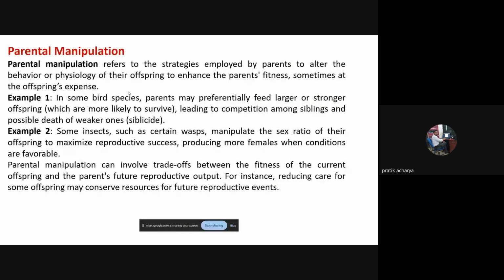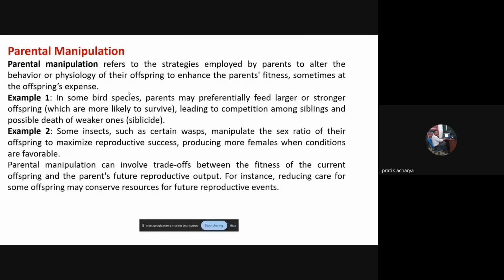Here, an important term is parental manipulation. What is parental manipulation? It refers to the strategies employed by parents to alter the behavior or physiology of their offspring to enhance their own fitness. In the first example, in some bird species, parents may preferentially feed larger or stronger offspring.